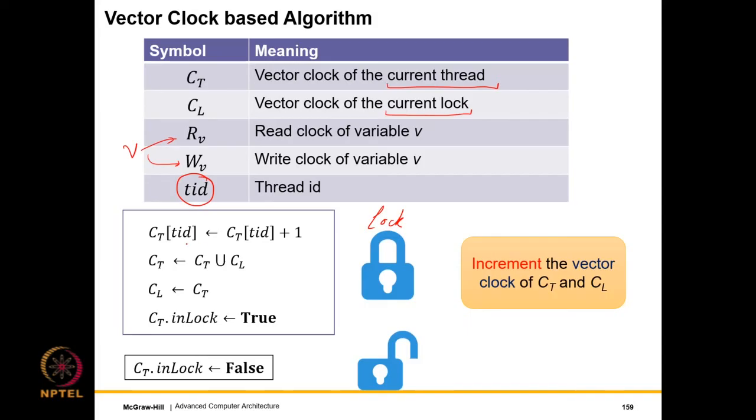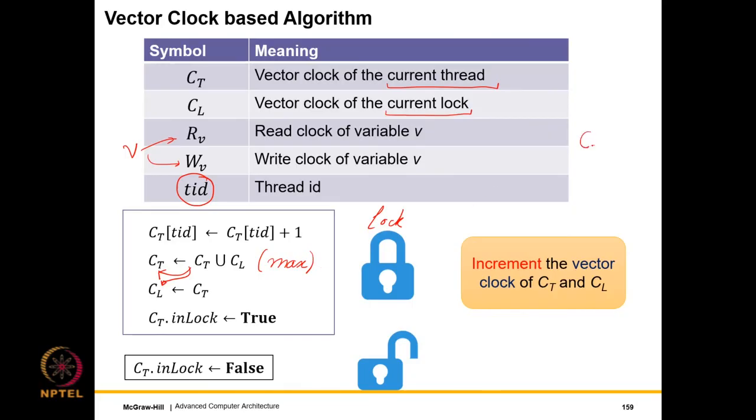After incrementing the current clock of the thread, here is what we do. We do CT union CL. CT union CL is basically nothing but the max operation. So we perform the max operation with the vector clock of the lock that we are acquiring, and this is set as the value of both CT as well as CL.